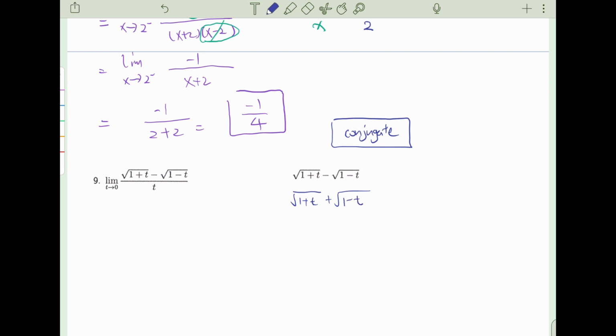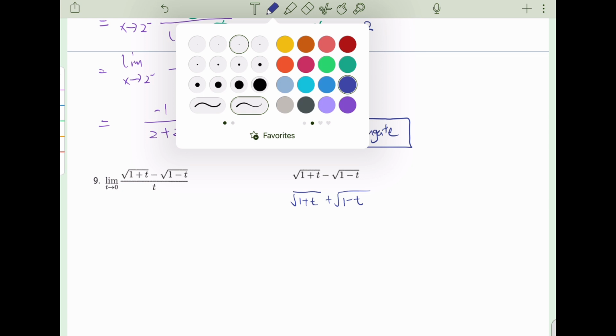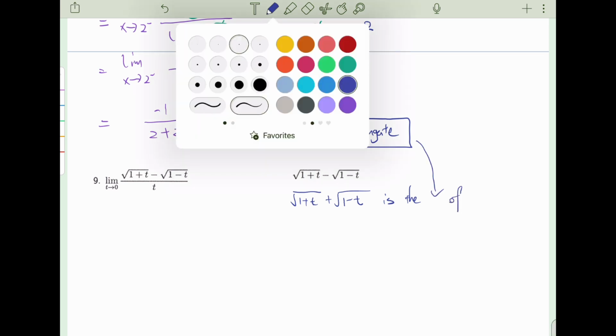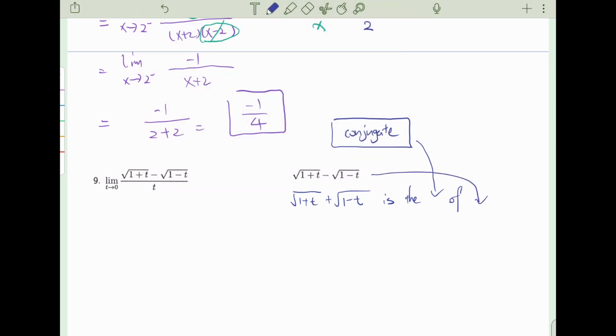That is called the conjugate of this expression. Whenever you have a minus sign with a square root, you turn that sign into positive, and that is called the conjugate of that one. Whenever you have a plus sign, you turn that into a minus sign, the other way around. So this is the conjugate of this guy here.